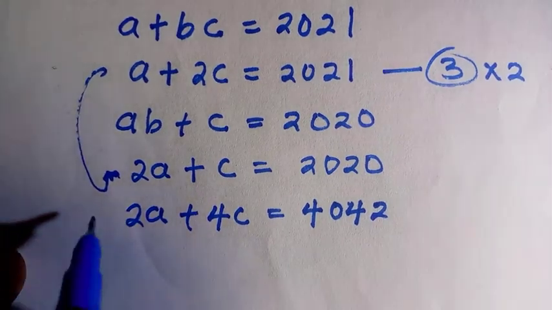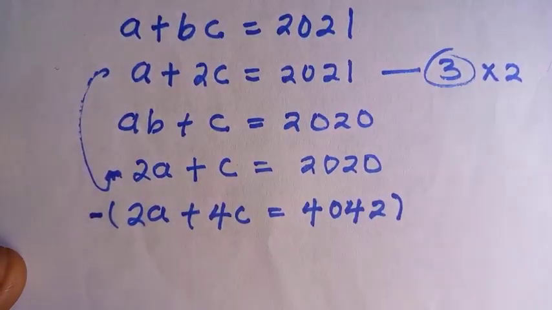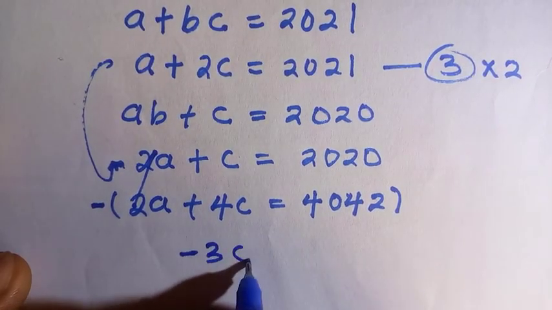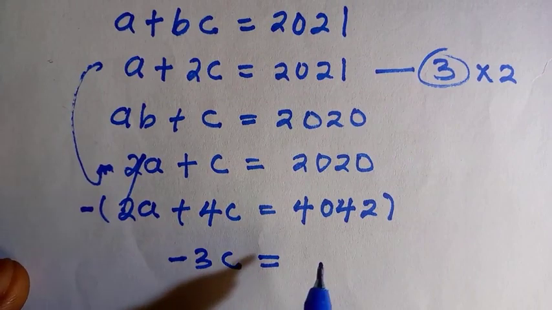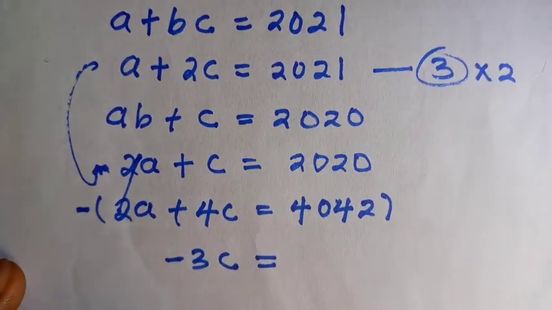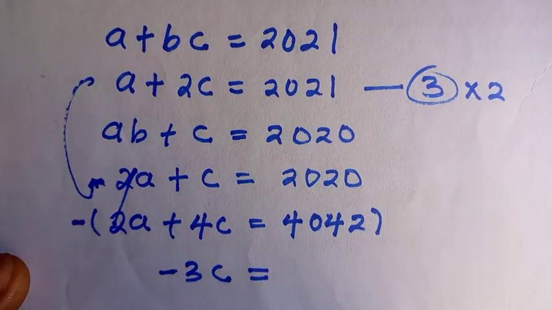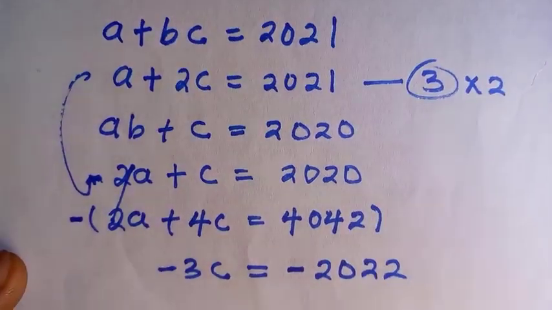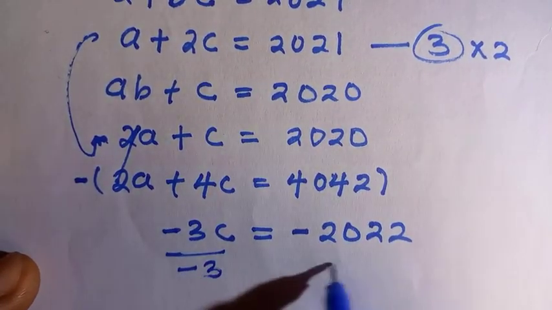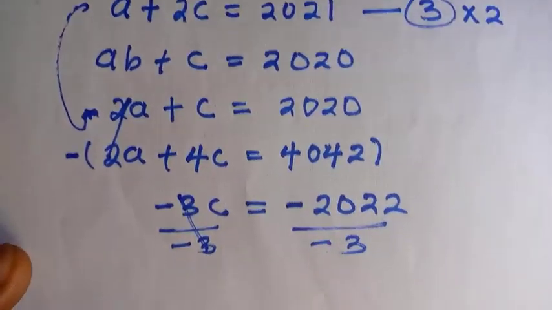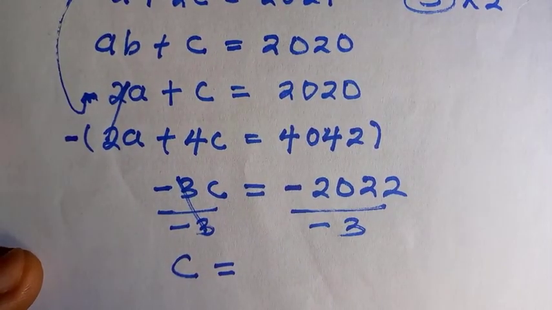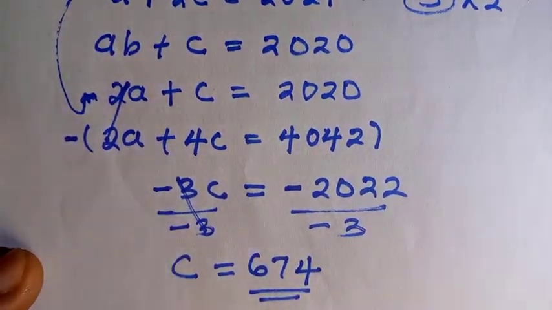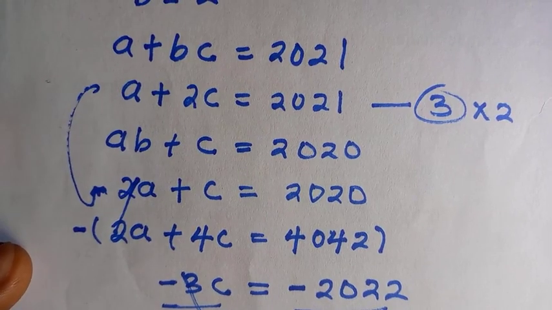Then if I introduce negative to the other, these two will cancel, and here we have c minus 4c, that is minus 3c, and for this we are going to have negative 2022. By dividing both sides by negative 3, just to get the value of c, c equals 2022 divided by 3, that is 674. So we have gotten the value of c.